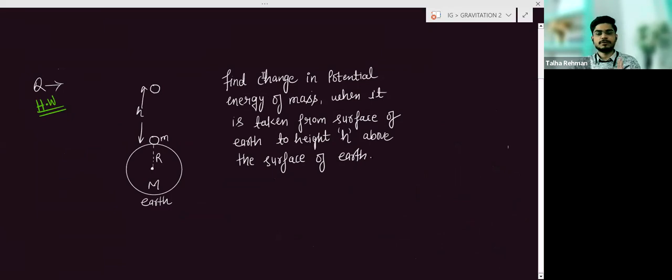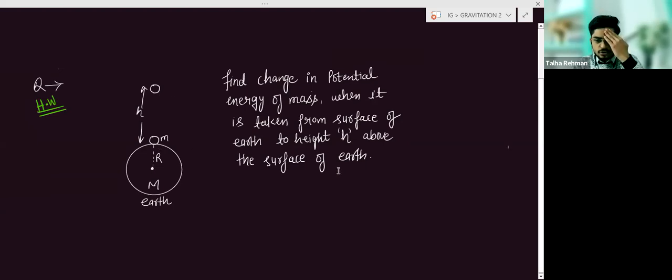First, you should read the question. Find change in the potential energy of mass. This is the mass when it is taken from the surface of the earth from here to here.